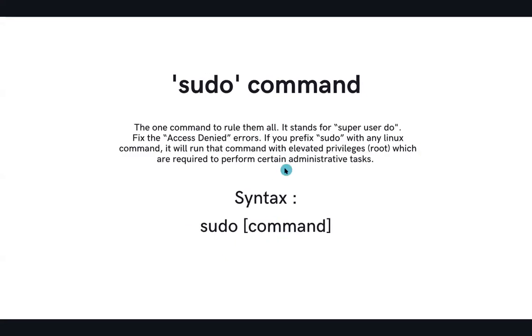Next, we have the sudo command. This is the command that runs all the commands on your command line as root. It stands for super user do, and it can help you to fix the access denied errors that you get when accessing some files you don't have access to, or when downloading something.